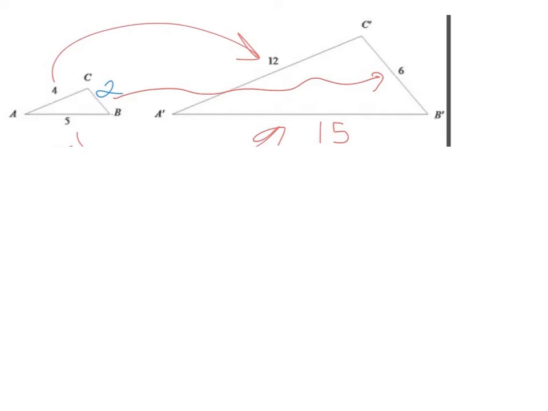Okay, let's look at something else. Let's try if we can do this problem using scale factor. If I go from triangle ABC, which we know is similar to triangle A prime, B prime, C prime, I want to know what the scale factor is.